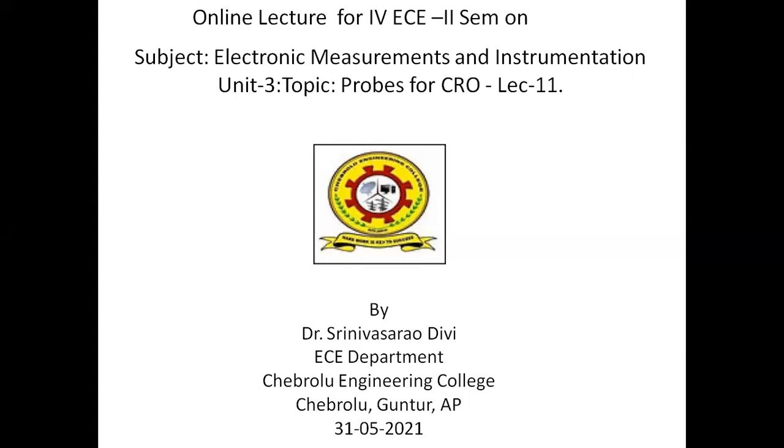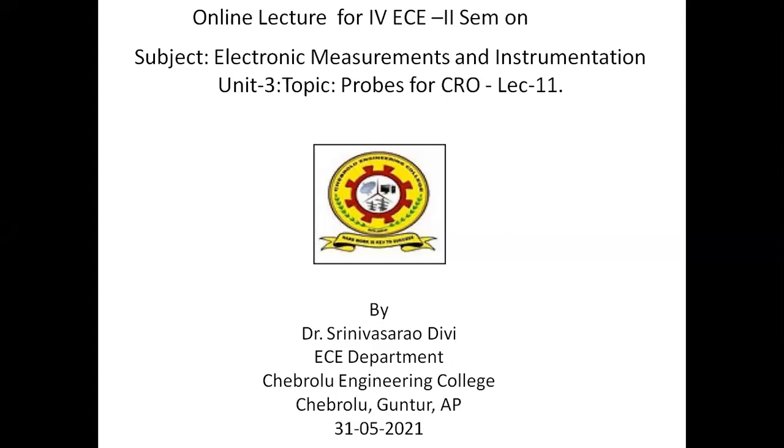A capacitor is nothing but two electrodes separated by some dielectric medium. Similarly, the same type of capacitance effect will occur in these probes. Probes are connected between the CRO and the point of measurement.